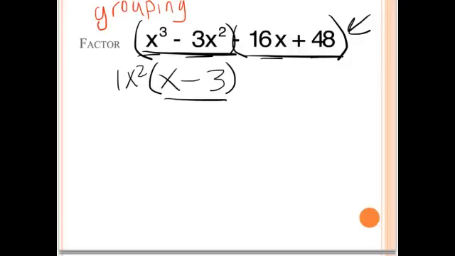Now if we look here, we have a subtraction sign, so 99% of the time we want to factor out a negative something because we want that first term to be a positive. So I can factor out a negative 16, and when I do that, I'm left with positive x and then negative 3. And look, these two factors are exactly the same.